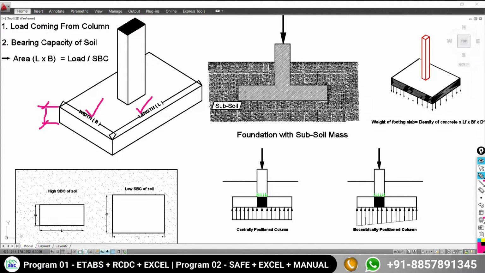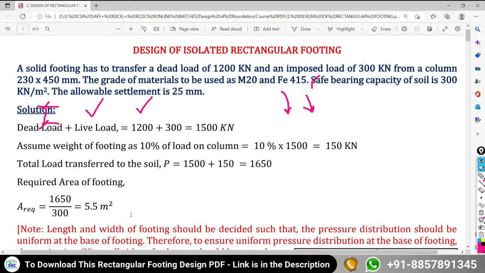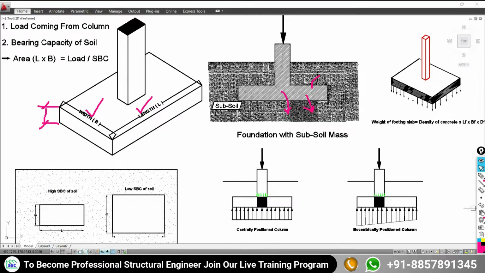But here only the column load is not going to be transferred to the subsoil. One additional thing is going to be transferred to the subsoil, that is the self weight of the footing. And nothing is given in your problem statement as the self weight of the footing. We need to consider the self weight of the footing in our calculation. So how will you calculate it?